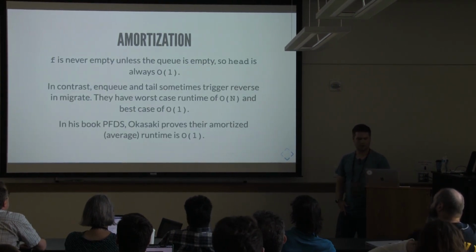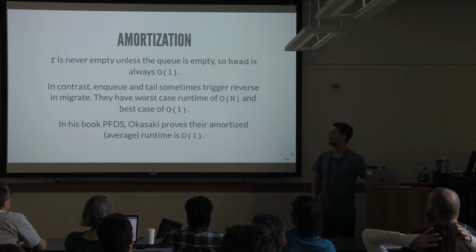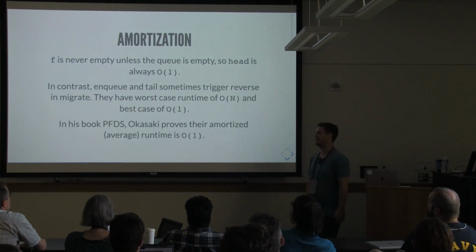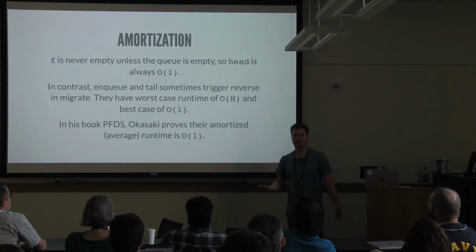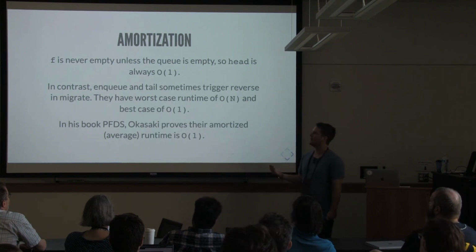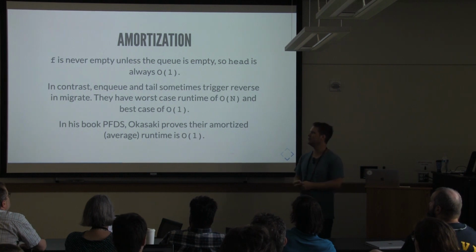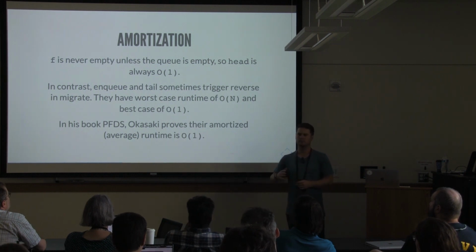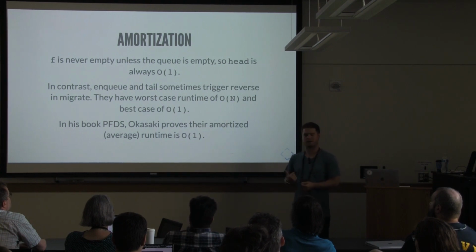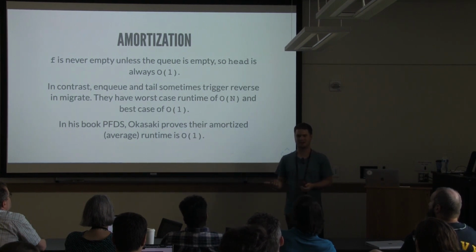Okay, so one thing: you sort of expect a queue to have a runtime of O(1) for the operations. One technique we use when dealing with both imperative and functional data structures, but which I think comes up a lot in functional data structures, is the concept of amortization.